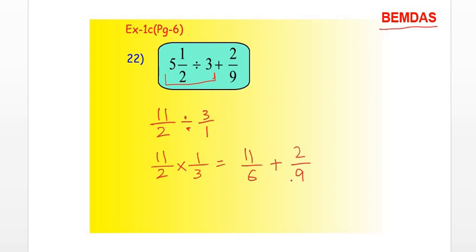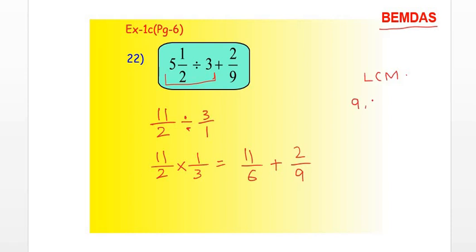Now how do we add the fractions? Watch my video of exercise 1a to know how we add the fractions. So first of all we have to find the LCM of 9 and 6. So what will be the LCM of 9 and 6? Just make a list of the multiples of 9 and a list of the multiples of 6. Better to always start making this list with the bigger number first, the larger one.